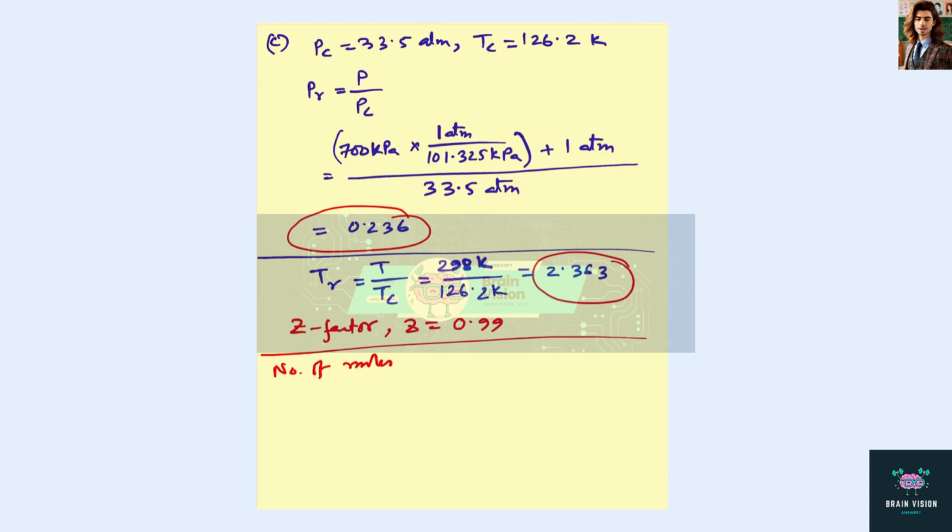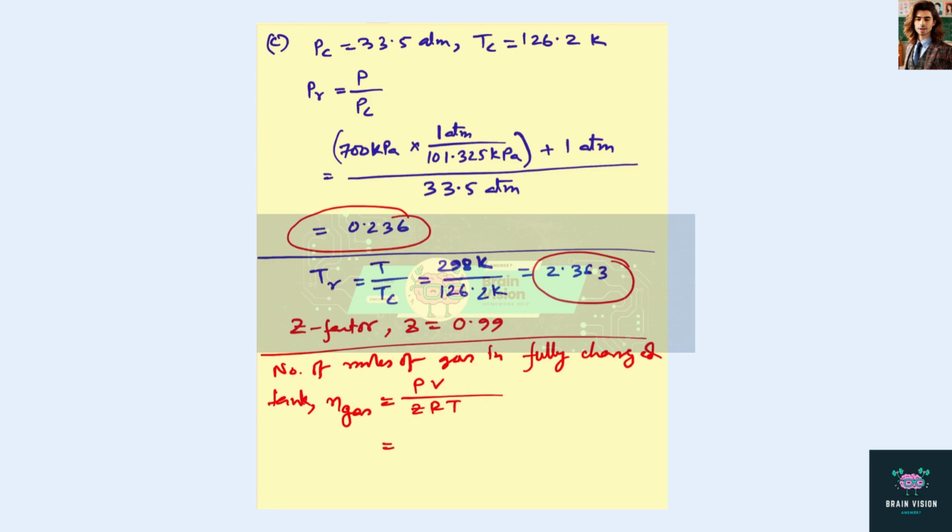The number of moles of gas in fully charged tank is then n equal to PV divided by ZRT.